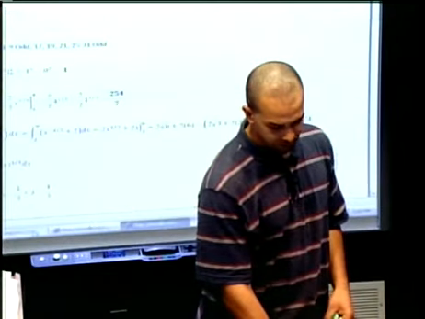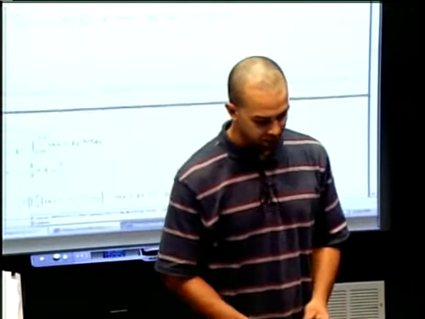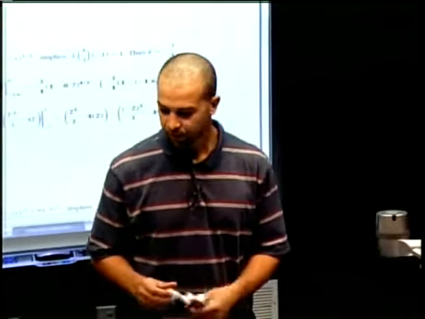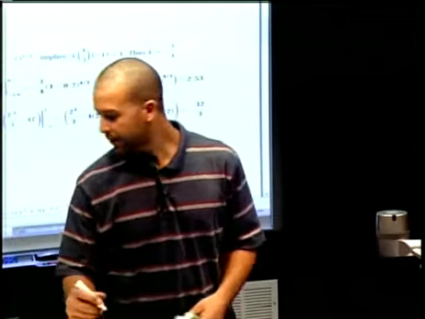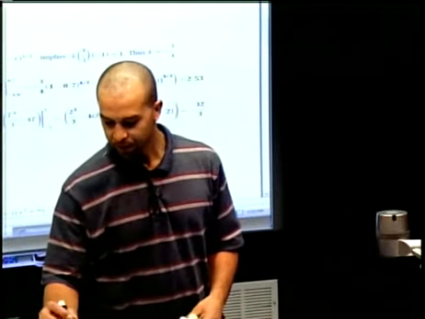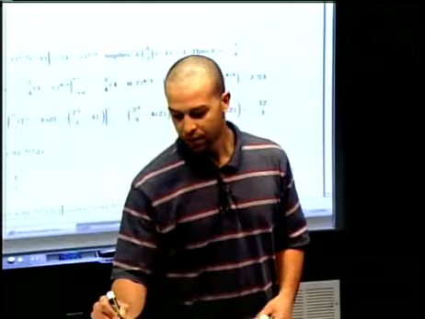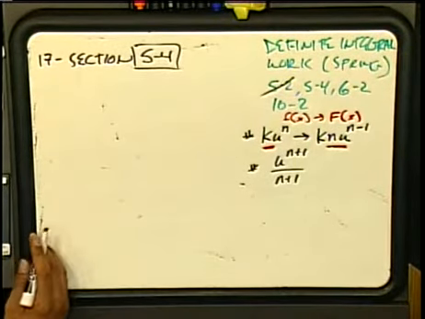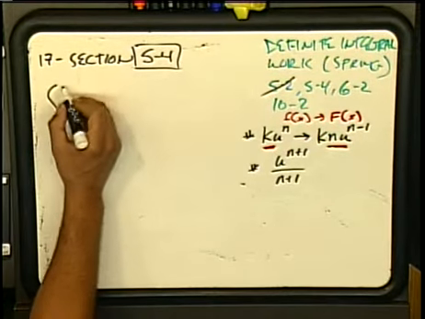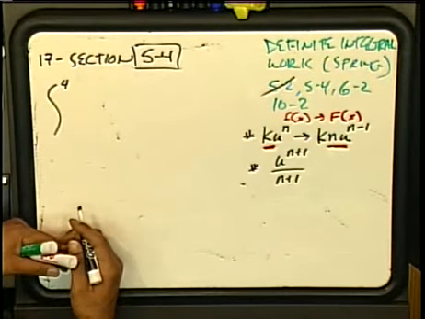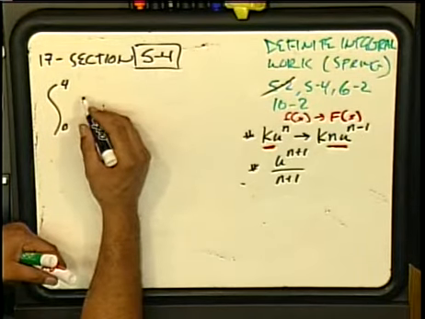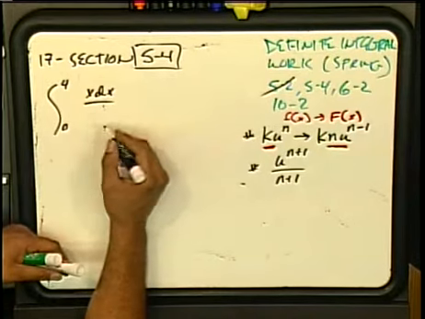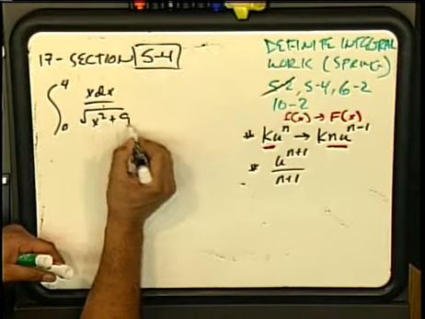Number 17, section 5-4. It reads: integrate from 0 to 4 of x dx over the square root of x squared plus 9.